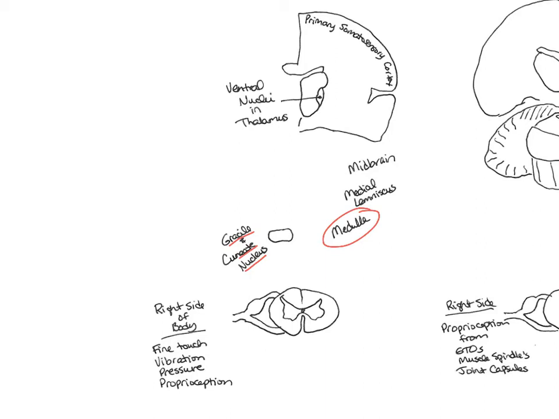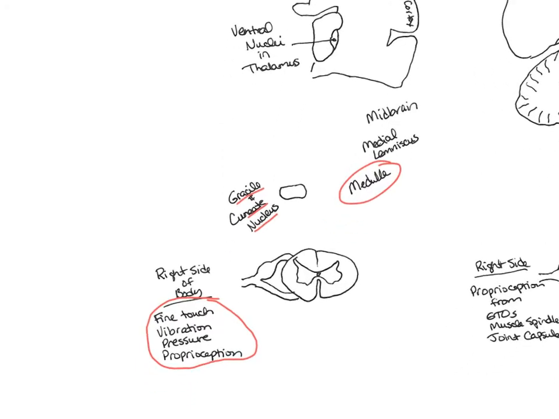The gracile is receiving information from the lower half of the body. The cuneate is receiving information from the top half of the body, right? So what does the posterior column pathway carry? It's going to carry fine touch, vibration, pressure, and proprioception. That's what it carries, right?